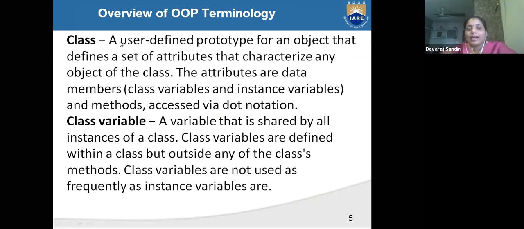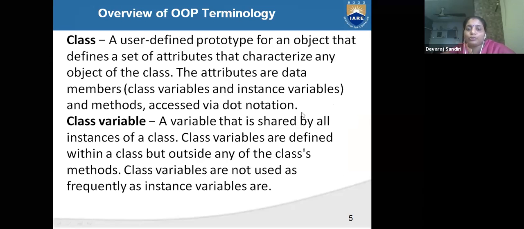What is a class? A user-defined prototype for an object that defines a set of attributes that characterize any object of the class. The attributes are data members, class variables, instance variables, and methods, accessed via dot notation.